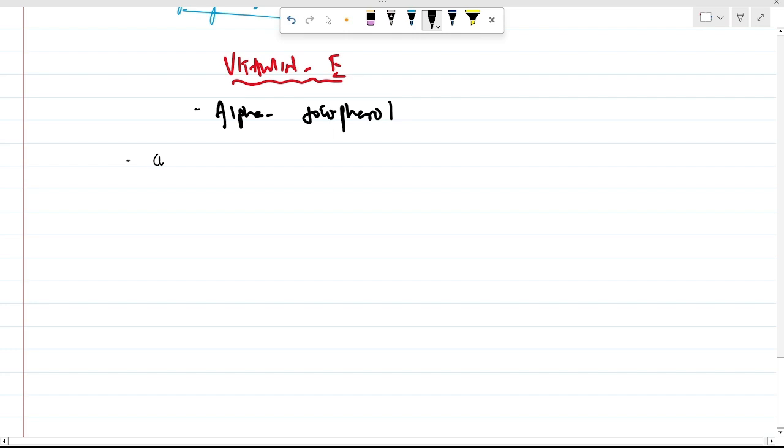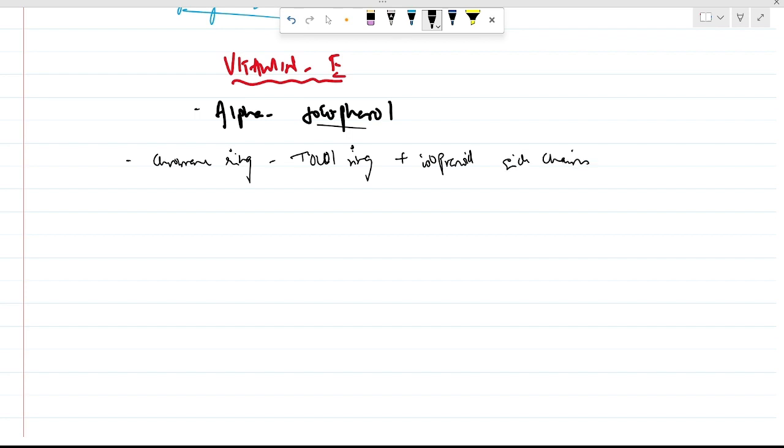So it has a chromane ring called the tocol ring. This tocopherol has a tocol ring, so tocol ring plus isoprenoid side chains.